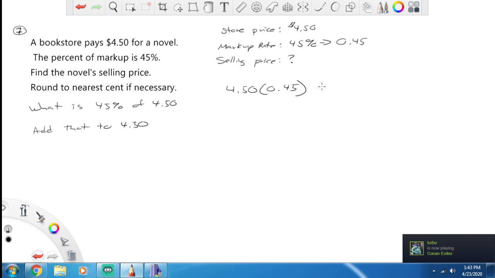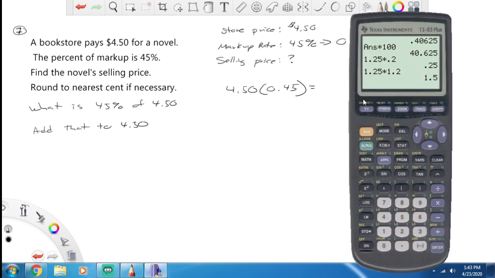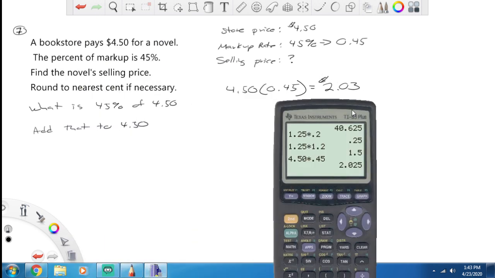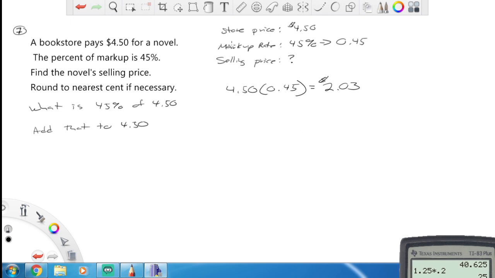You can ignore my Steam friends. In that case, you can just do it on the calculator. 450 times 0.45 gives me $2.03. We're going to round. $2.03.